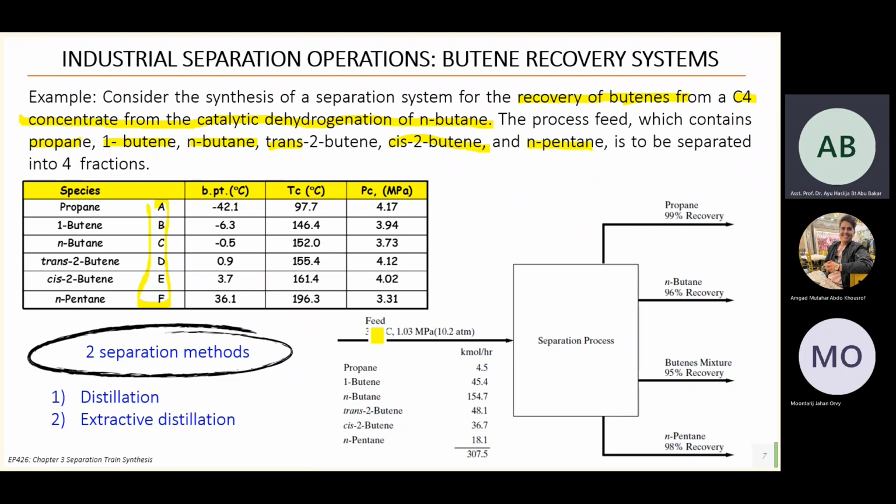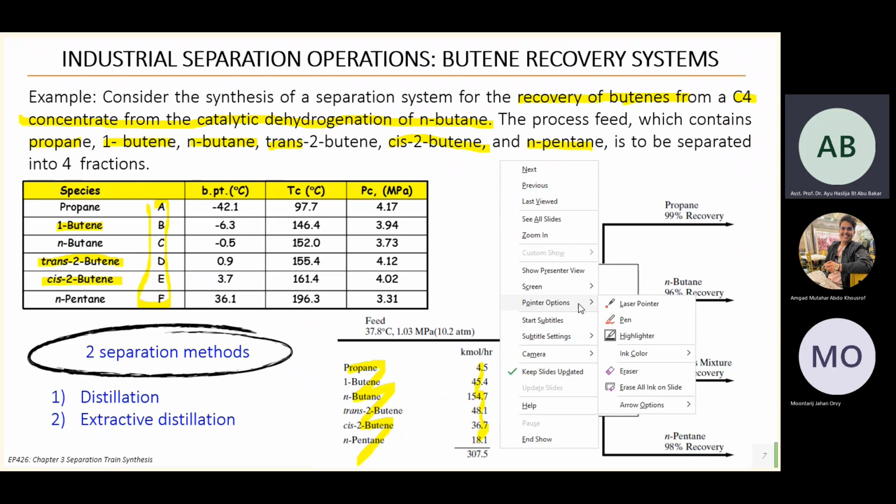Okay, here we have the feed with all of these, and this is the amount of the stream. So to separate each of these, you will need to consider the properties over here. As you can see, your main product would be the butenes. Okay, recovery of butenes, which is 1-butene, trans-2-butene, and cis-2-butene. This is the one that you need to recover.